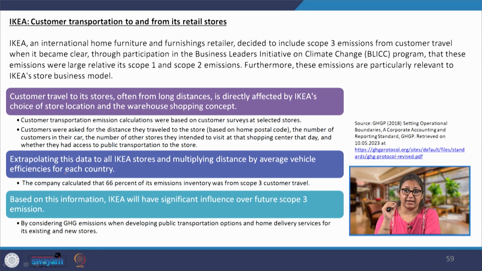One last example that I am going to take today is that of Ikea. Ikea also considered, and they have to, the customer travel to Ikea stores as part of scope 3. Ikea as a business was concerned about the choice of location of the store, depending upon from where people will travel to the store and contribute to scope 3 emissions.